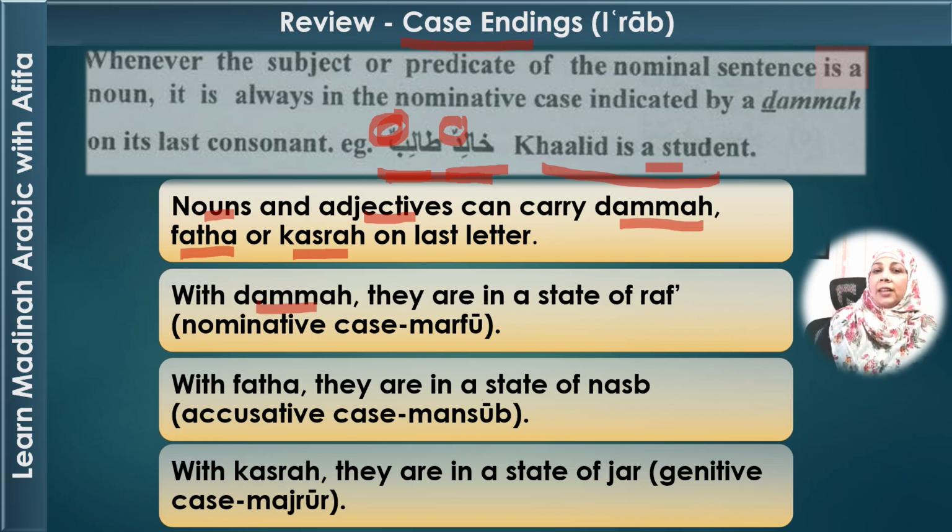When they end with a dhamma, we said they're in a state of raf, which is the nominative case, and we say they are marfu'un. With a fatha, they're in a state of nasab. This is the accusative ending, and it is mansubun. With kasra, they're in a state of jar. It is the genitive ending, and in Arabic we say majrurun.